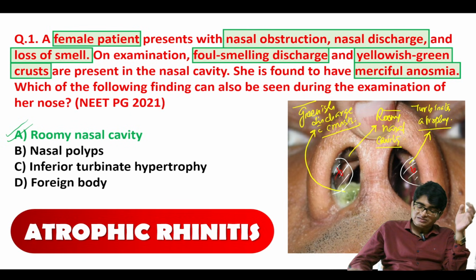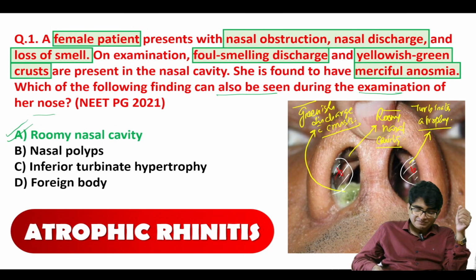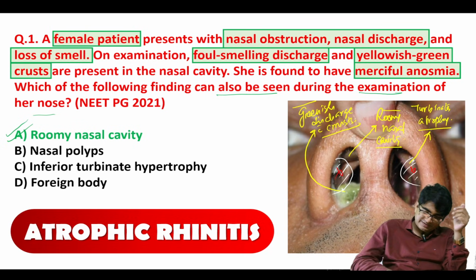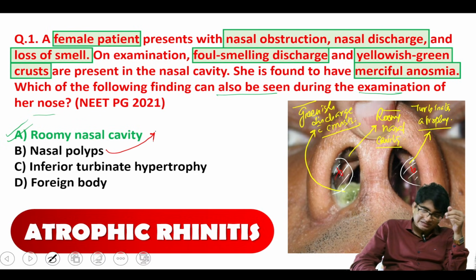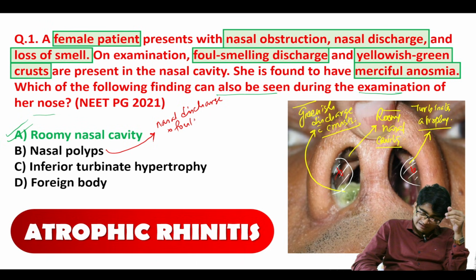So this is the finding which can also be seen during the examination of her nose, correct? But why not the other options? You have to rule them out, yes, correct? Firstly, in nasal polyps there is nasal discharge or nasal obstruction, but this nasal discharge is mostly not foul smelling.